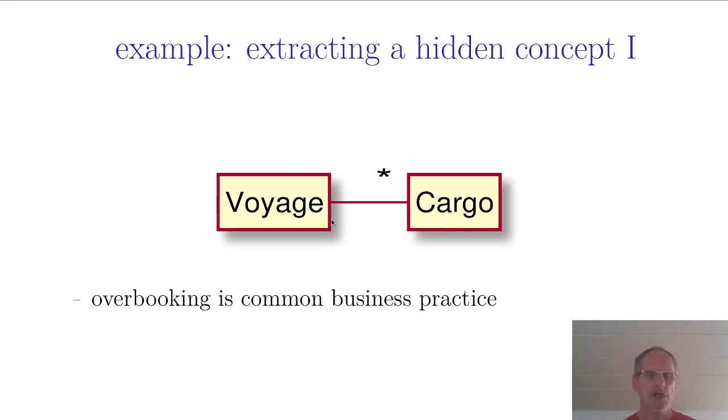There is a voyage, and associated with that voyage is any number of cargo. Straightforward so far. Then in discussions with the domain experts, it was revealed that overbooking is a common business practice, and that this would have to be incorporated in the system.